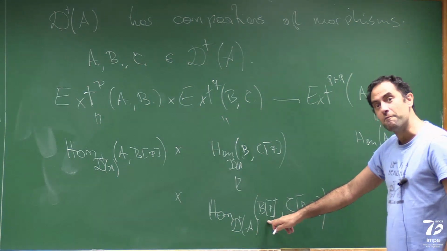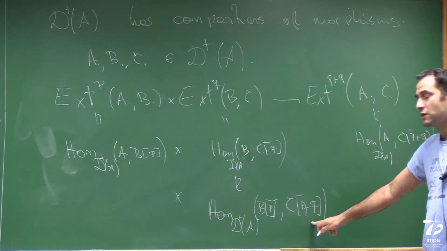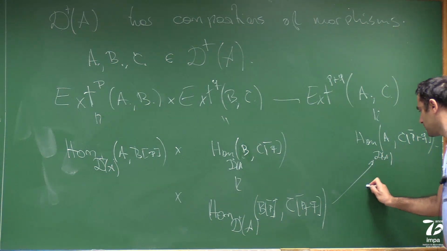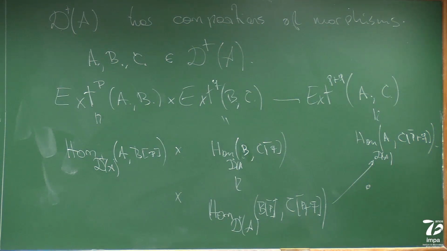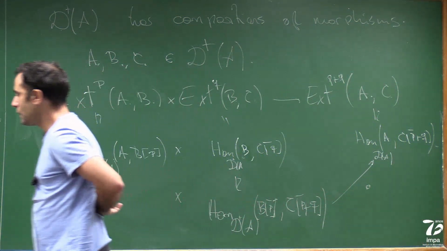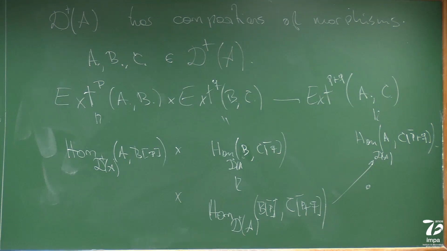Something here is a map from B[P] to C shifted by P plus Q. And the composition of these two maps is a map here. So this is just composition of maps. And composition is associative. So you get a ring.